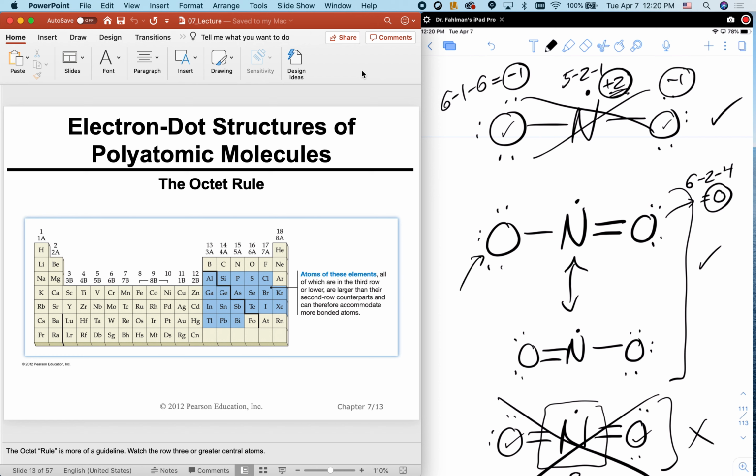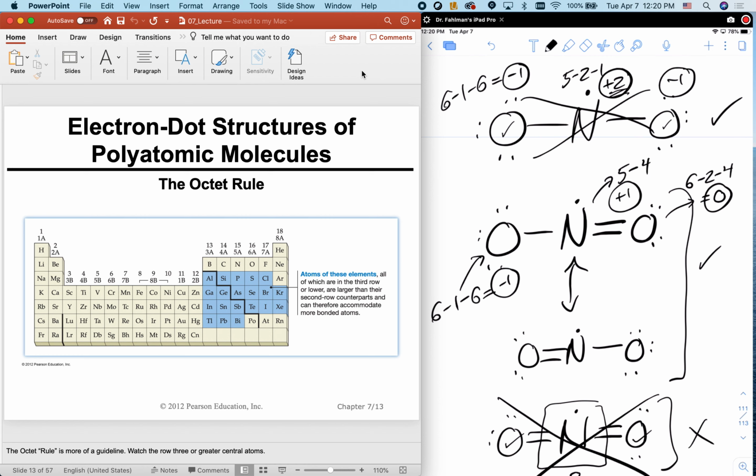This oxygen is going to have 6 minus 1 minus 6, so it's going to be a -1. And then this nitrogen is going to be 5 minus 1, 2, 3, 4, so that's a +1.